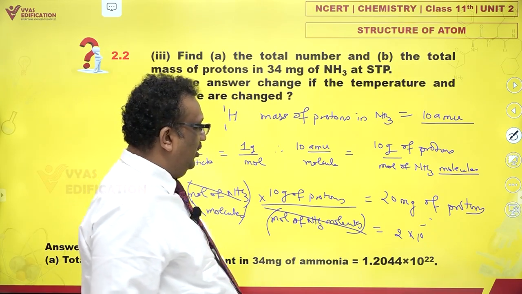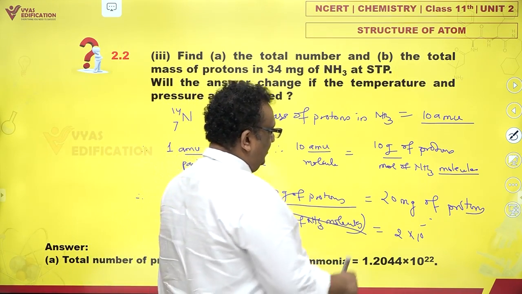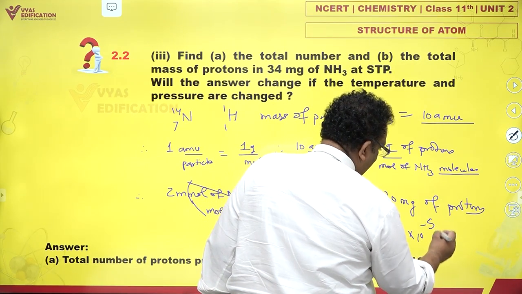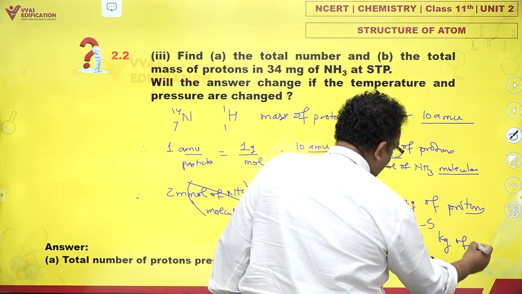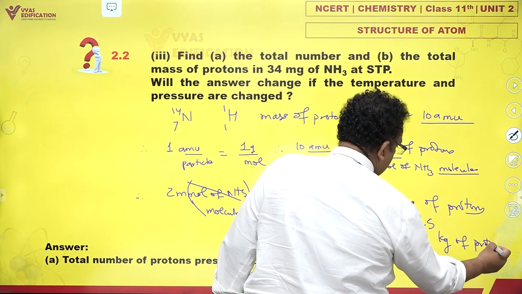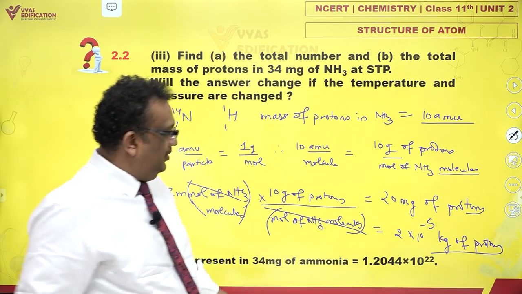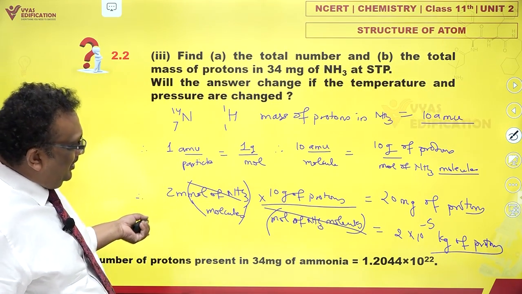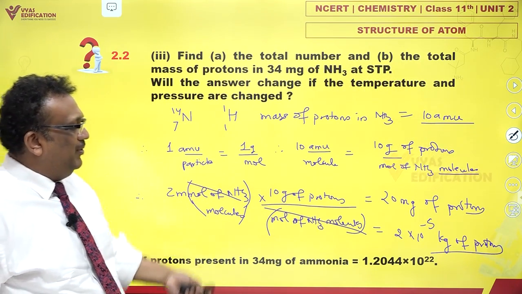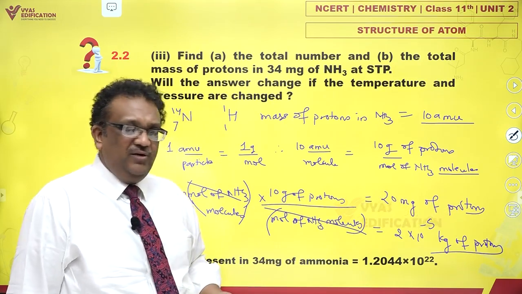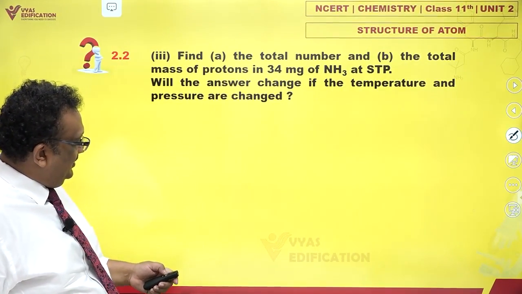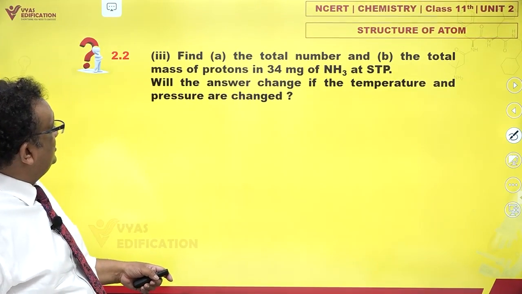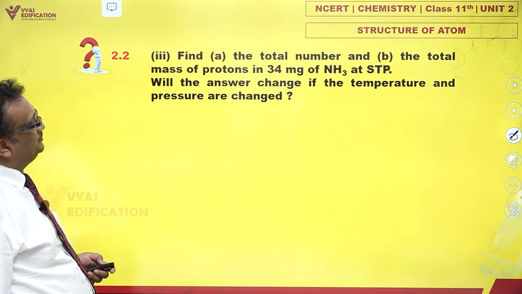If you want to calculate in kilograms, then milligram is 10 raised to minus 6 kilograms, so 2 into 10 raised to minus 5 kilograms of protons. If you don't want this, then you use the accurate mass of protons and do the multiplication, you will get very nearly the same number.